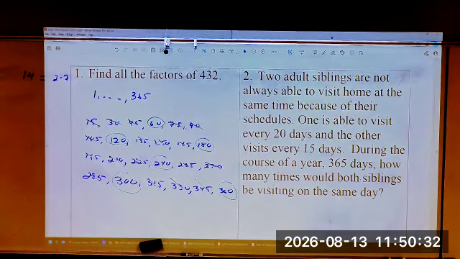So the next time 3 is at 6, then it's going to be 9, then 12. So when they match up, every time the 3 can be even, every time that 15 is going to be a multiple that 20 can go into. So every 6 will lead to 4.